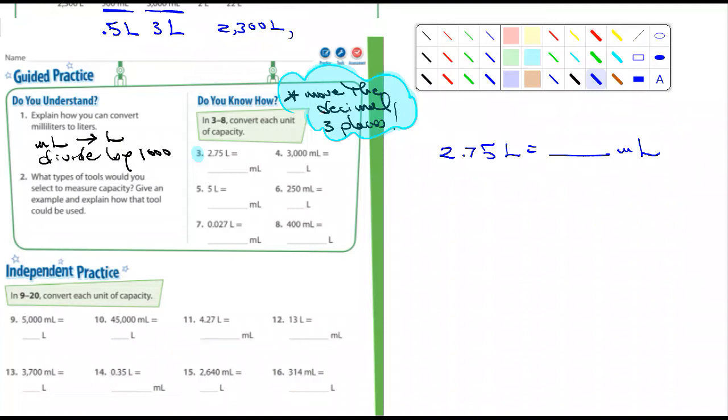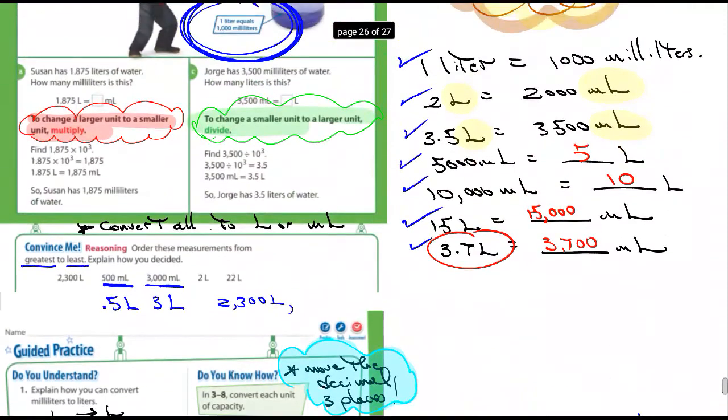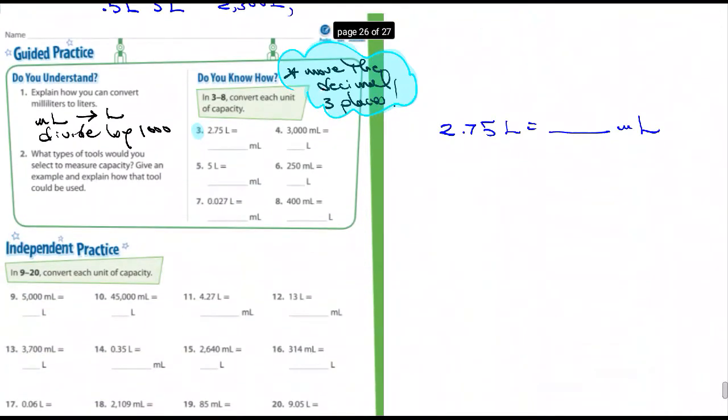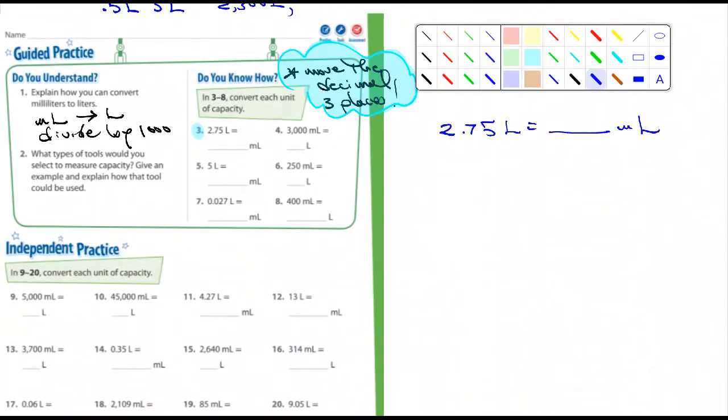So we're going from what? Larger to smaller. Let me go up to our chart here. We're going from larger to smaller. Which one is that? The red or the green? That's the red one. So it looks like we're going to multiply it by what? What's the number we use?